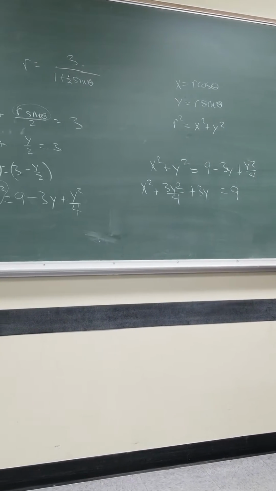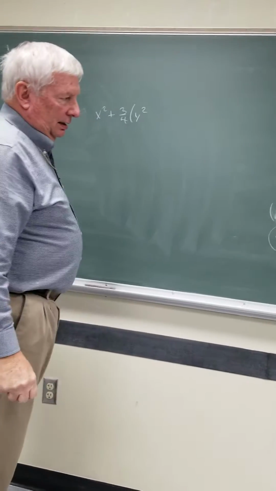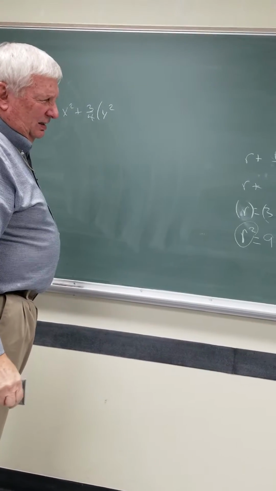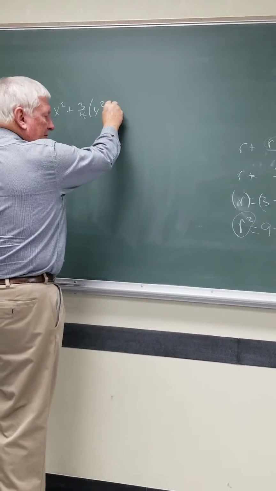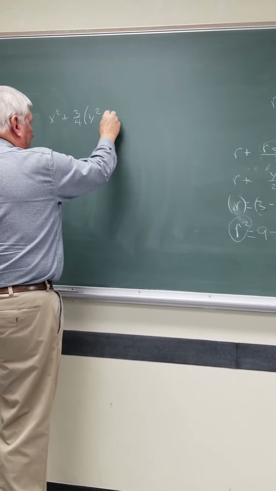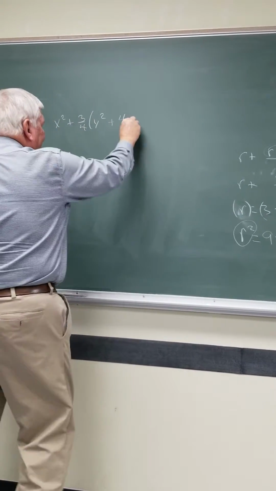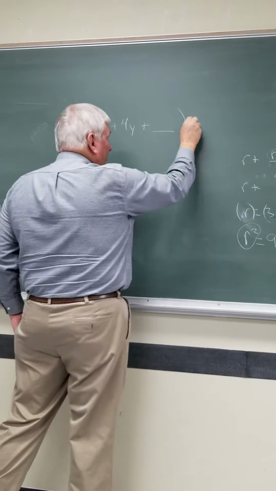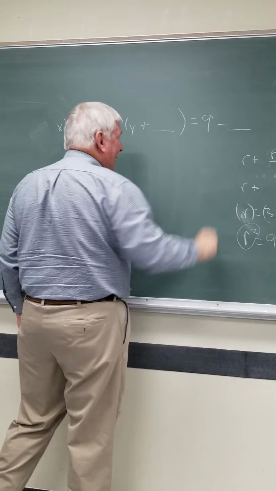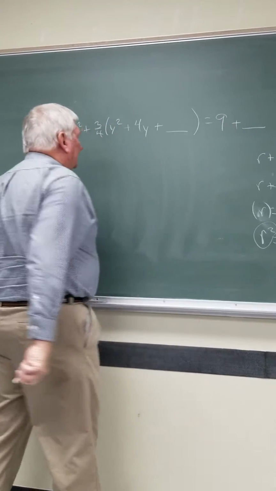We write as x squared plus 3/4 of y squared plus 4y, let's see, 3/4 out of 3 is 4. 3/4 times 4 is 3, plus something to be added is equal to 9 plus whatever we add.